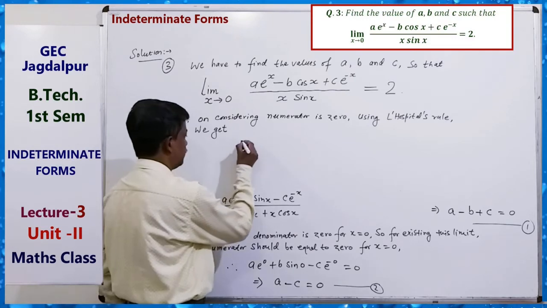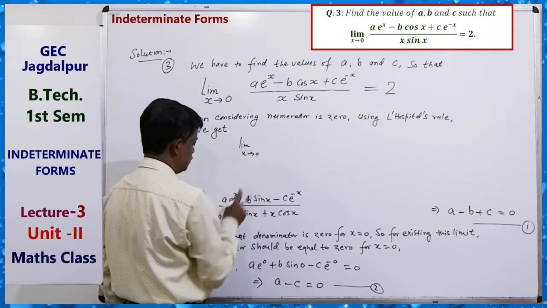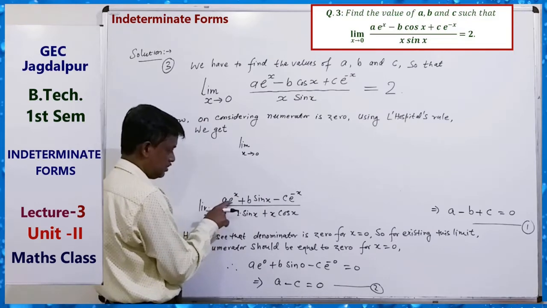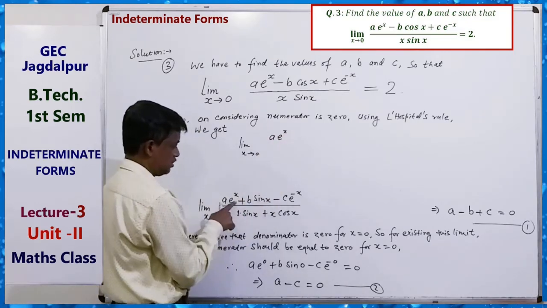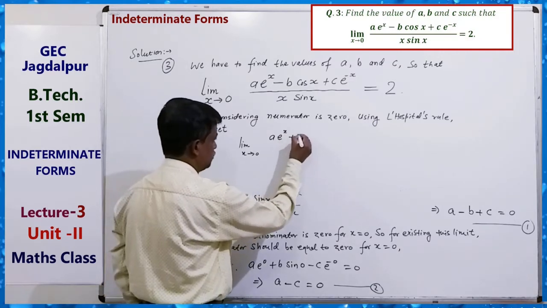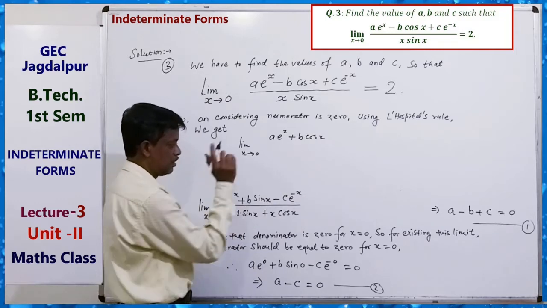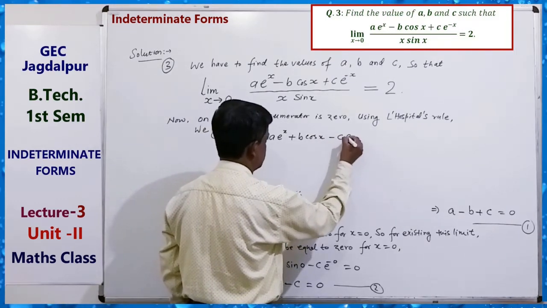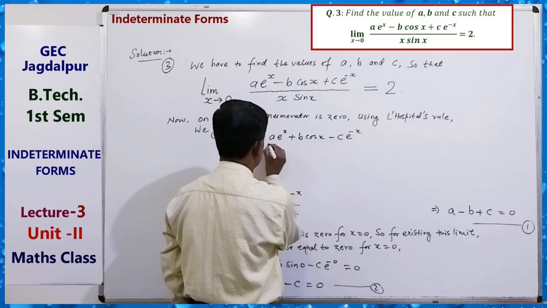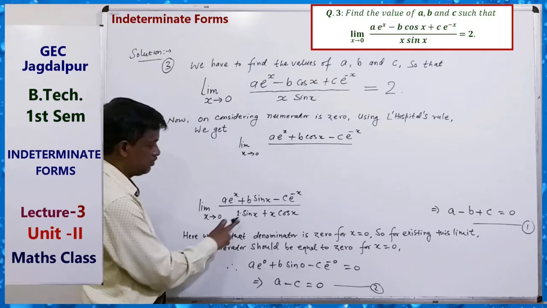Differentiate it. Limit x tending to 0 of a e to the power x plus b cos x minus c e to the power minus x upon, again differentiate it.